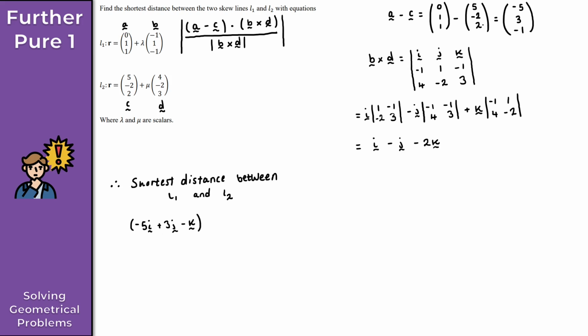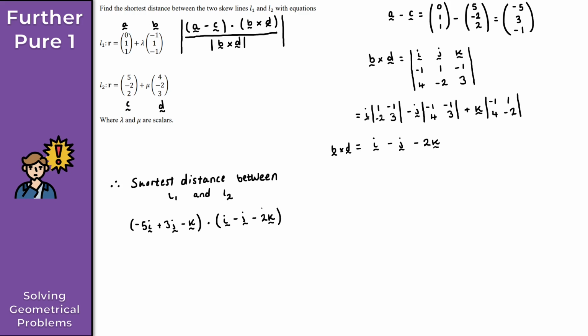So this vector here then is just the vector A minus the vector C, right? -5, 3, -1. We dot that with B cross with D, so that's this result here. This is B cross with D, like so. So we dot that with this vector here. So i minus j and -2k there.